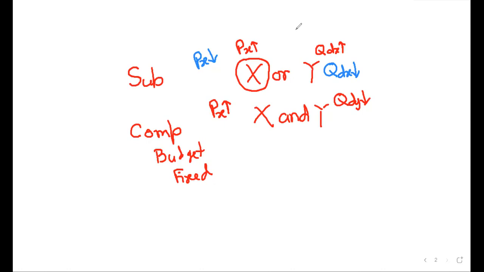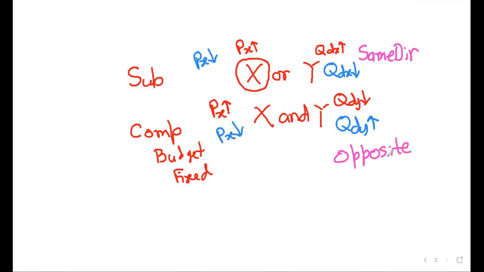Similarly, if the price of X falls, then we can have more of that good, so demand increases. So over here, they're moving in the same direction. Over here, they're moving in opposite directions.